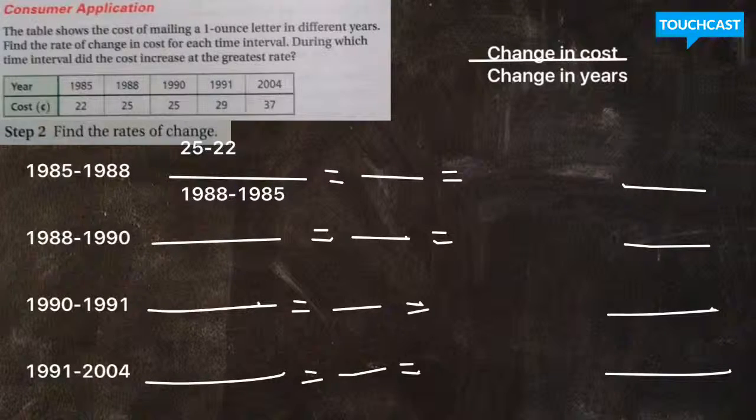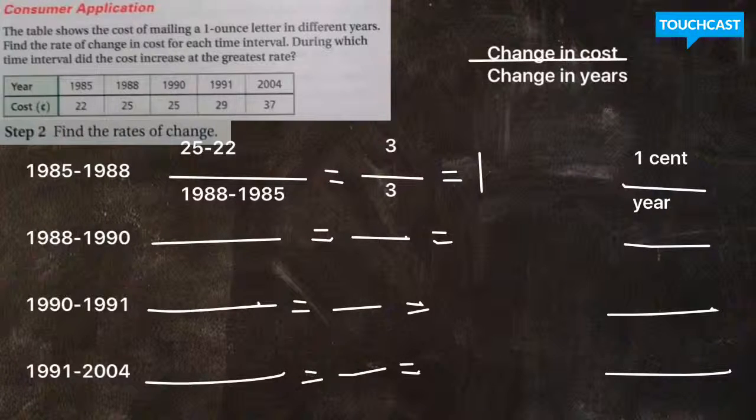Well, 25 take away 22, that's 3. 1988 take away 1985 is also 3, which means our rate of change is 1, or just 1 cent per year.